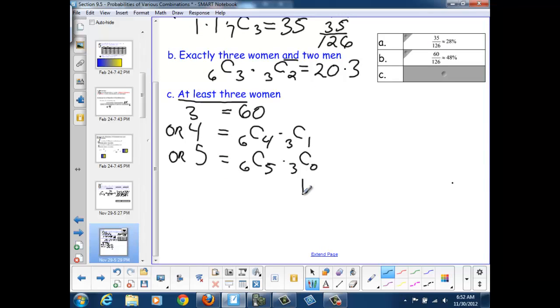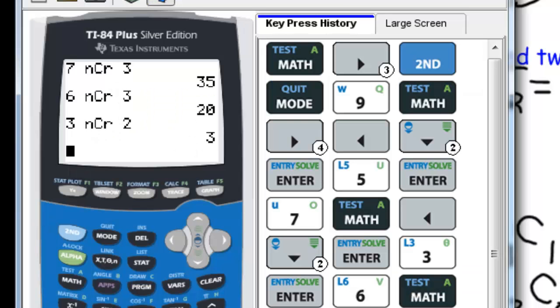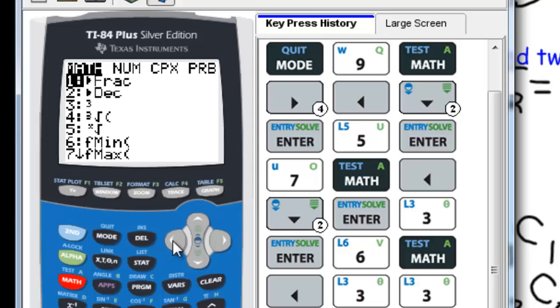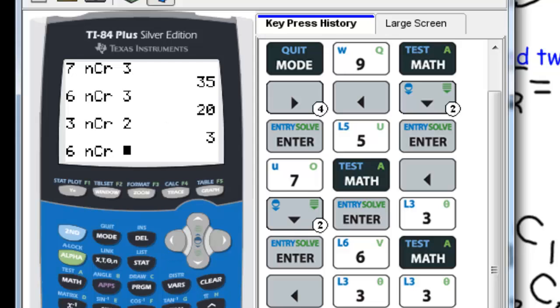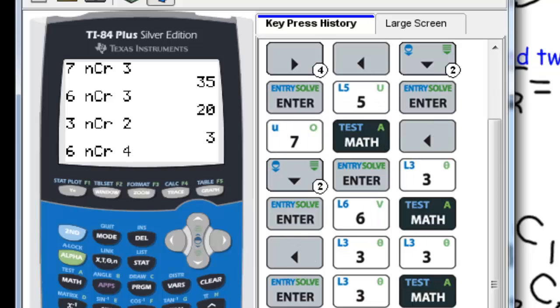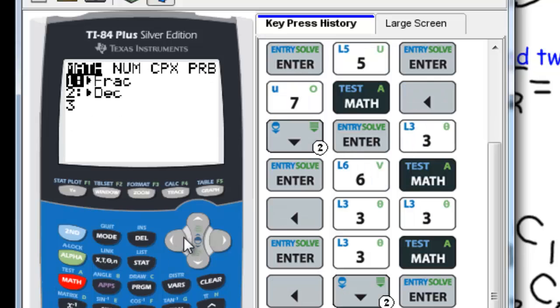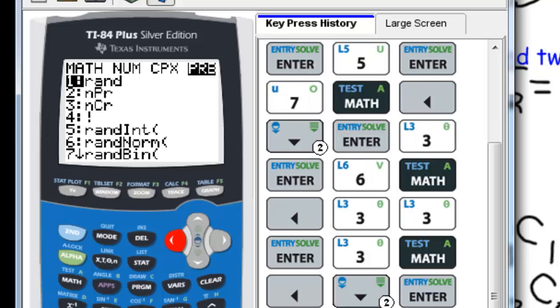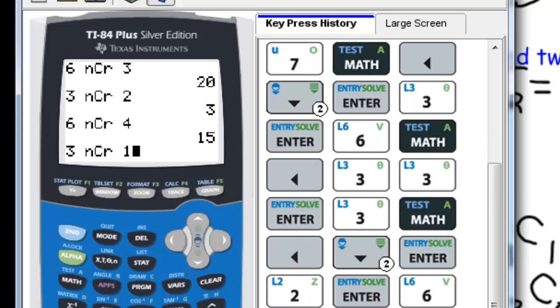So let's see what we get for our other calculations. 6C4 turns out to be 15. 3C1 turns out to be 3, which makes sense. There should be 3 ways to choose one of the 3 men.